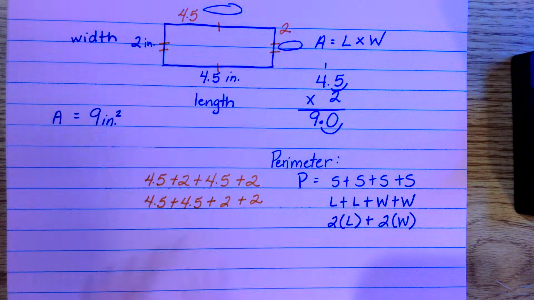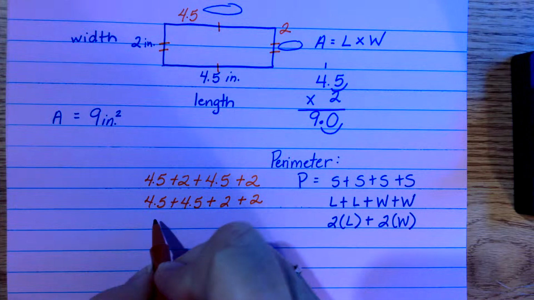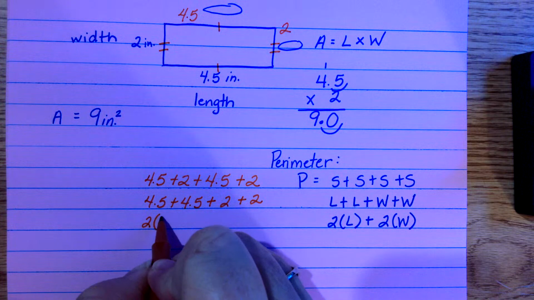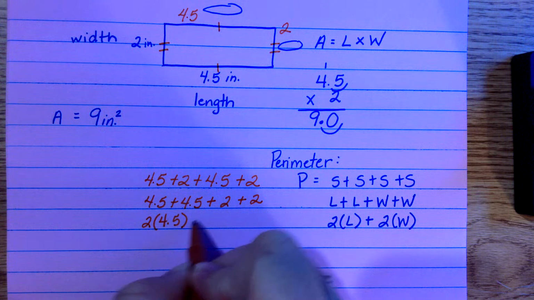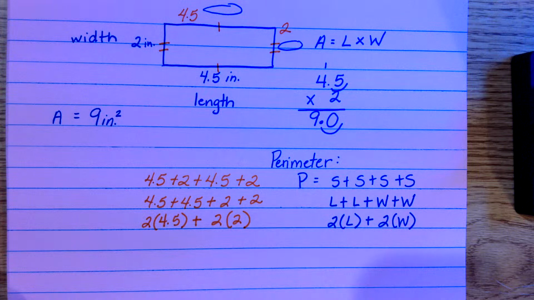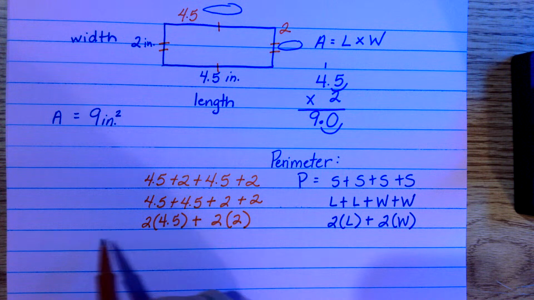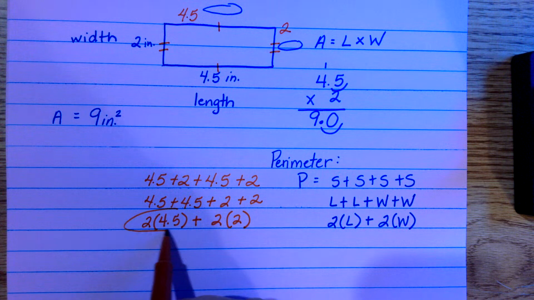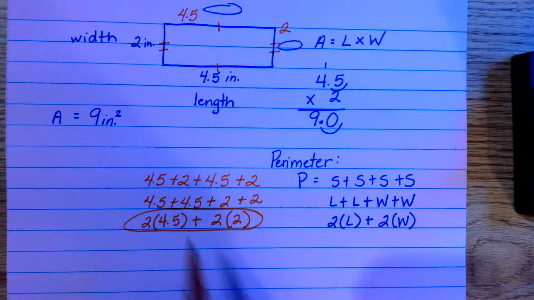If we didn't want to dress these sides, and we know that the sides are the same length, they are equal, we could just do 2 times 4.5 plus 2 times 2. All of these formulas are going to give us the same answer. So you have to use the one that is easiest for you. For me, using the multiplication, 2 times the length plus 2 times the width is going to be easiest.